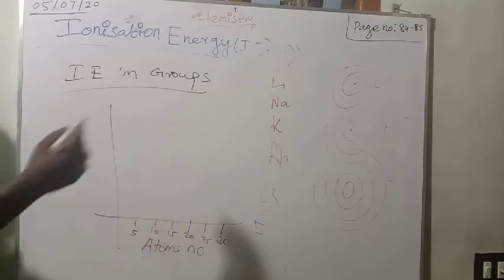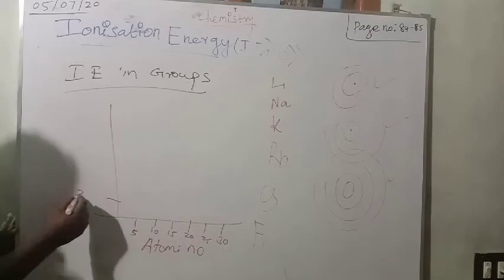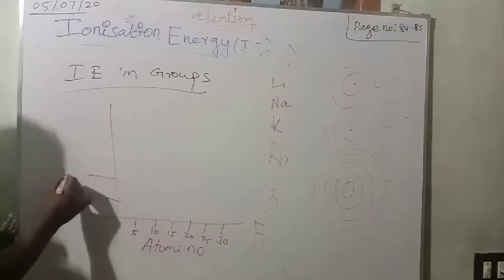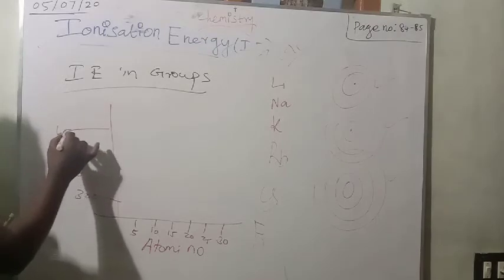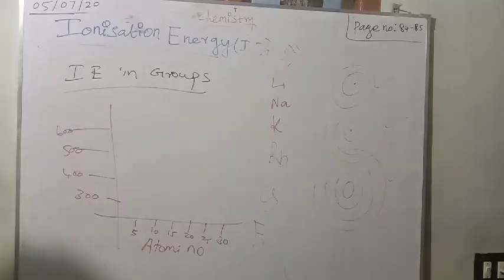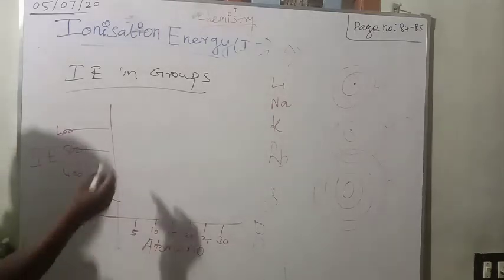In your book they are taken 10, 20, 30, 40 like that. Here ionization energy also 300, 400, 500, 600. What's this one? Ionization energy. Shall we draw the graph, my dear students?